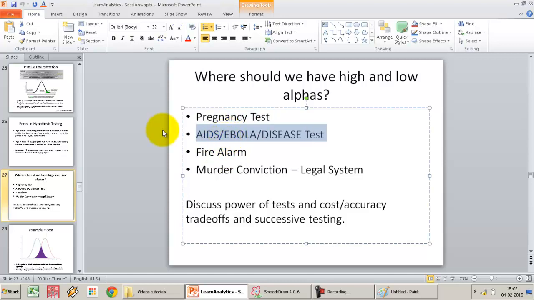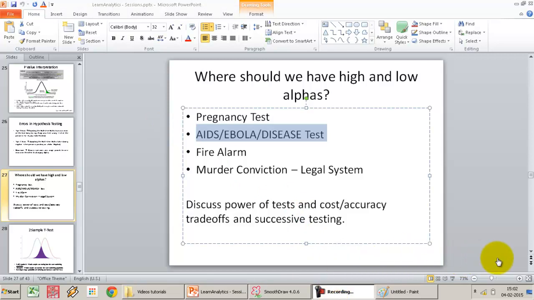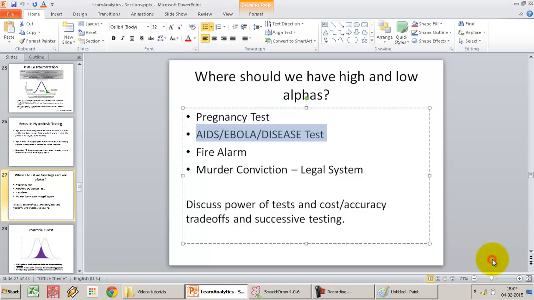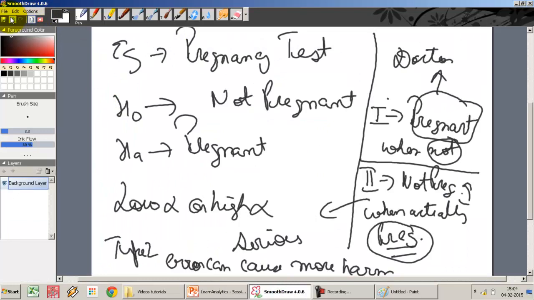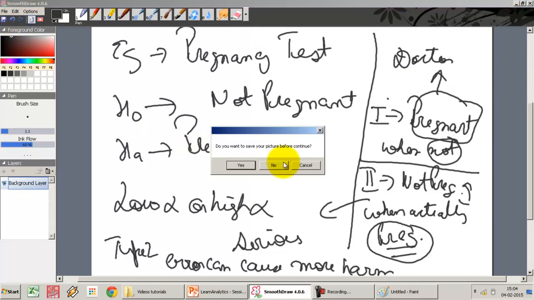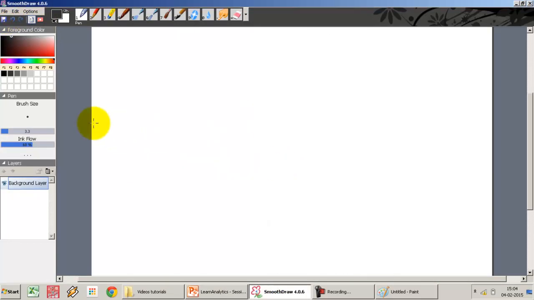It could be an AIDS test, an Ebola test, or any kind of bird flu or swine flu test. So again, let's think about it. What's more harmful, a type 1 error or a type 2 error? Let's start with the null and alternative in this kind of test. Whenever we're doing disease testing, what is our null and what is our alternative?